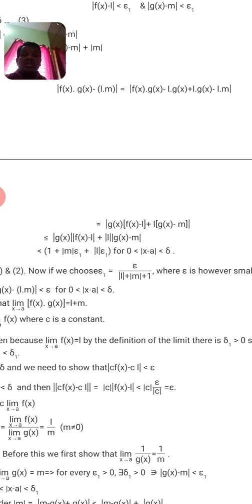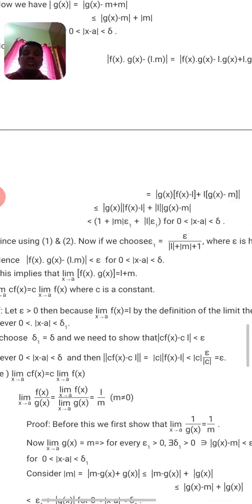So less than, where modulus g(x) means what? 1 plus modulus m into modulus f(x) minus L means epsilon 1, plus again modulus L into modulus g(x) minus m means epsilon 1, for 0 less than modulus x minus a less than delta, since using equations 1 and 2.